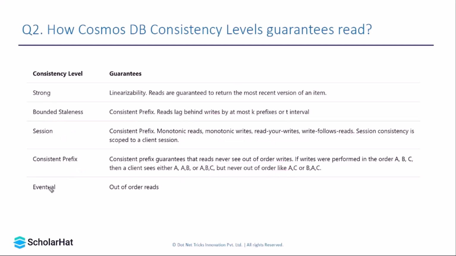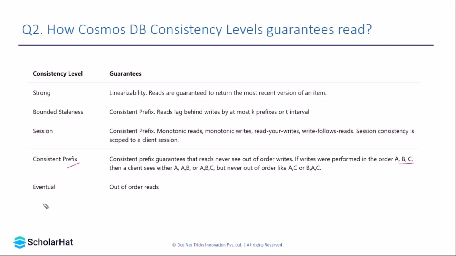So if we set the consistency level as consistent prefix, we are saying that there would be a guarantee in the order. If the writes are A, B, and C, then the client can see either A, A B, or A B C, but it will never see record C before record A. So there would be a guarantee in the sequence.